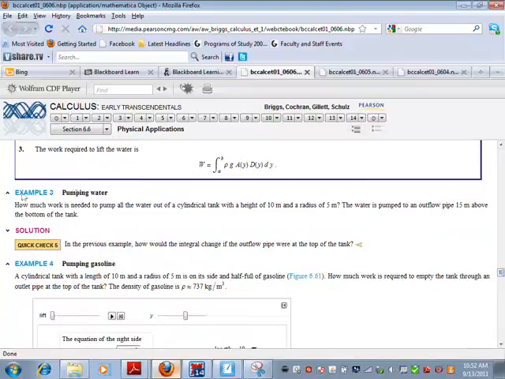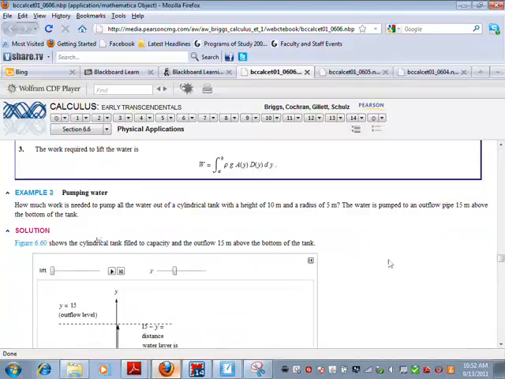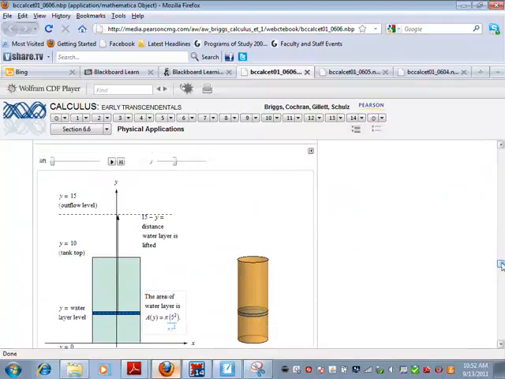So let's take a look at the picture. On the y-axis, we just put the cylindrical thing here, okay? Then we're going to pick a y, and then we're going to lift this out. Let's write the integral for this one.